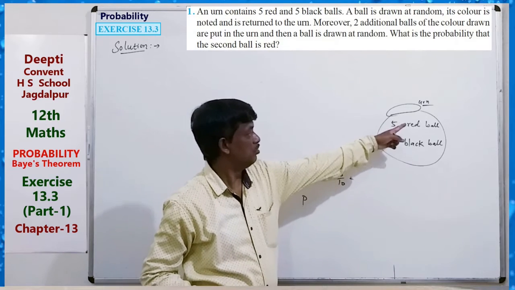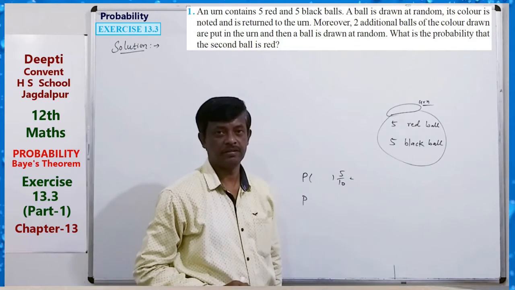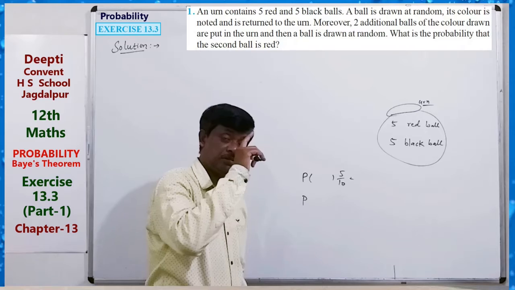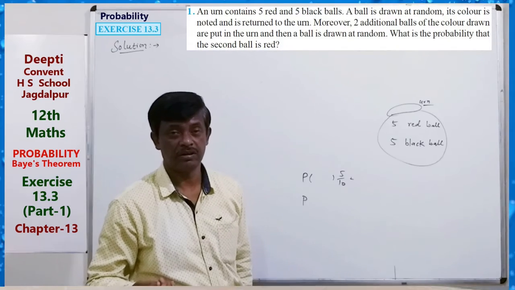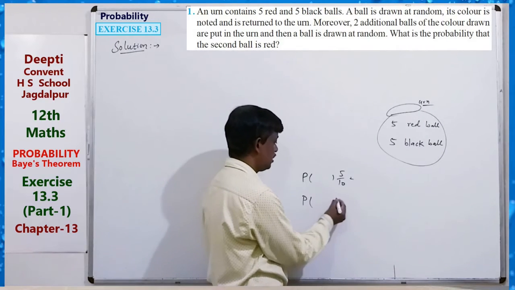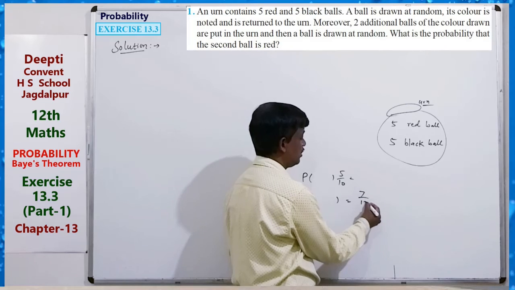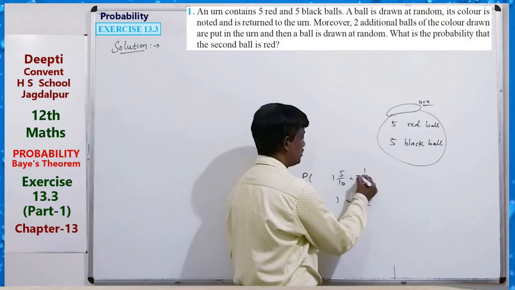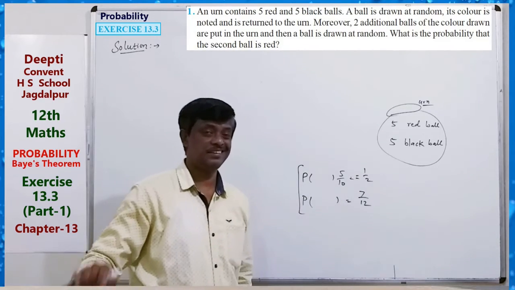That is, 7 balls will be red after putting in the additional 2 balls, out of 12. So in that case, for the second ball drawn to be red, the probability will be 7 by 12. This is the first process, if the first ball is red.